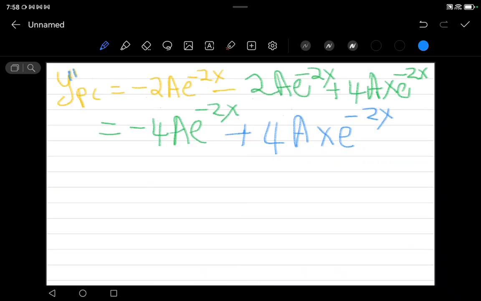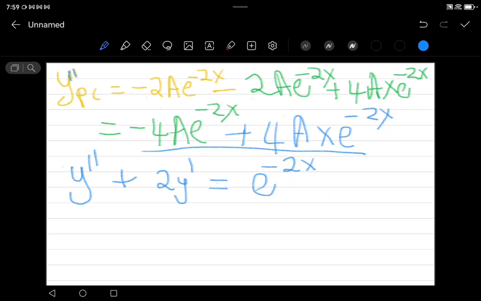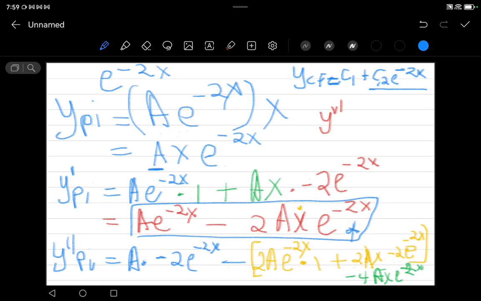And then from getting the y prime prime and y prime, we're going to rewrite our equation. The original one. So it's y prime prime plus 2y prime equals e to the power of negative 2x. So wherever there's y prime prime, we're going to put this one, and wherever there is y prime, we're going to put the first y prime.